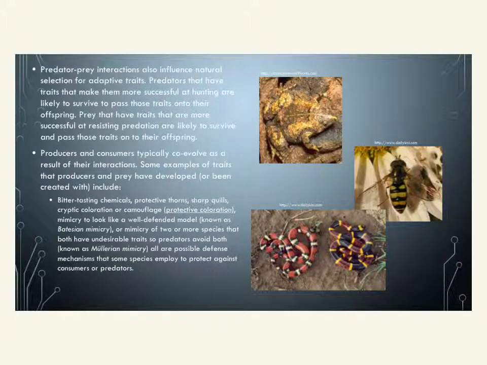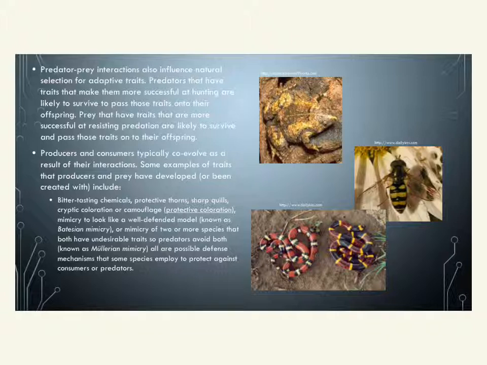Okay, predator-prey interactions, just like the producer-consumer interactions, could potentially affect natural selection for some of these adaptive traits. So predators that have traits that make them more successful at hunting, those would be the ones within a population that are going to be more successful, likely having a better chance to survive, to pass those traits on to their offspring.